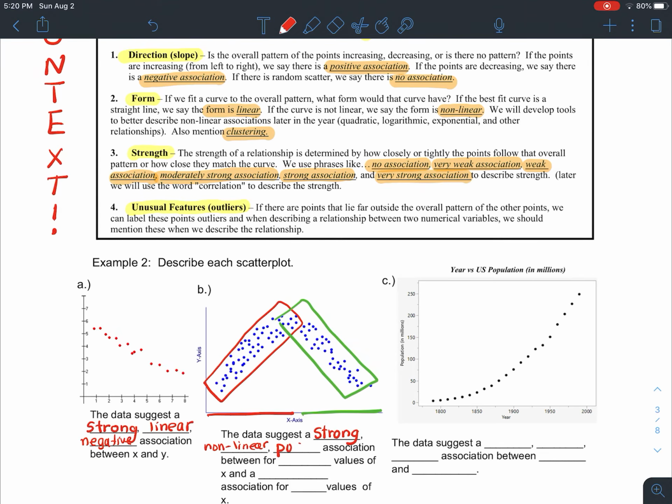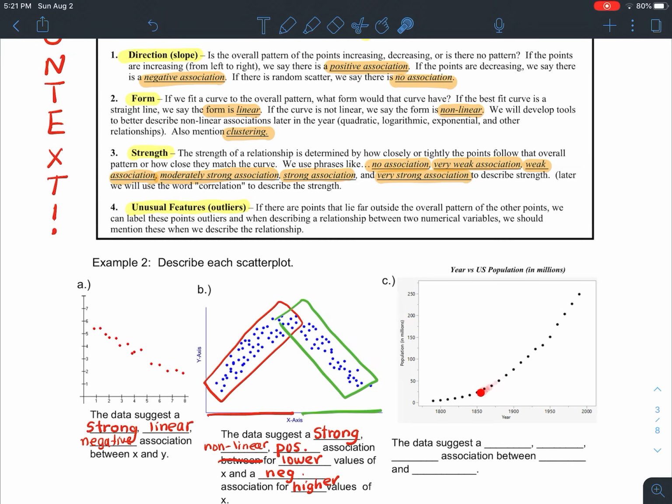The data suggests a strong nonlinear, I'll say positive association, for lower values of X, and a negative association for higher values of X. Because when I'm over here on the left side of the X-axis, I've got a positive association, and then as I get to the higher X values, now I'm feeling like the association is more negative.